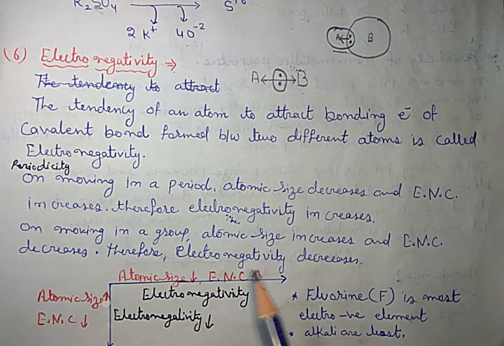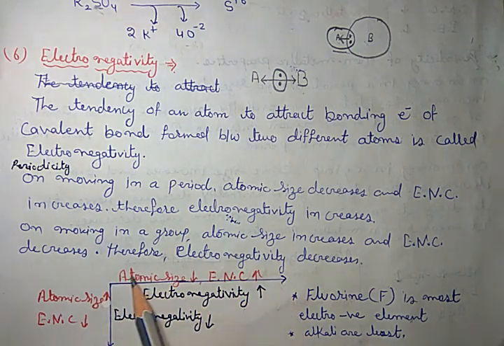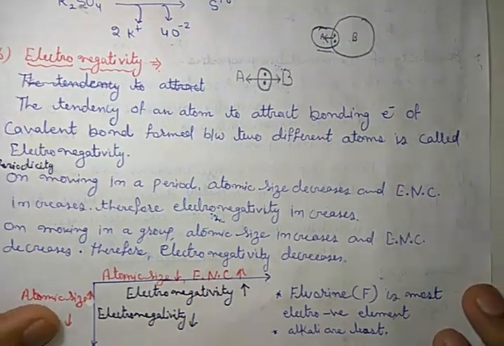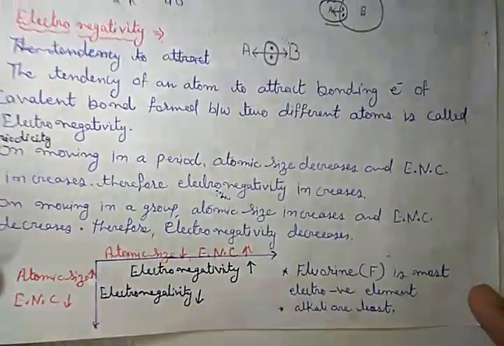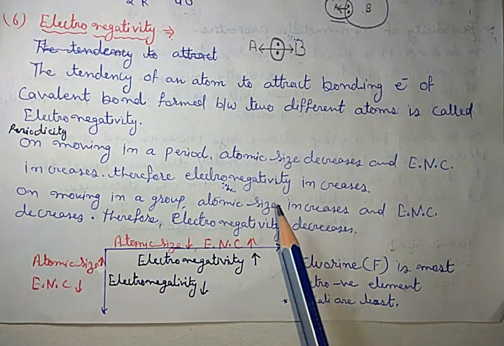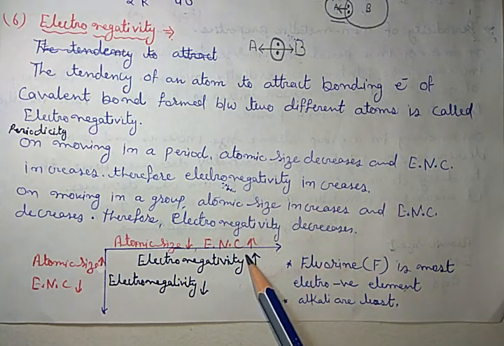Okay, I am again repeating. In a period, atomic size decreases and effective nuclear charge increases. So the electronegativity increases in the period. Got it?